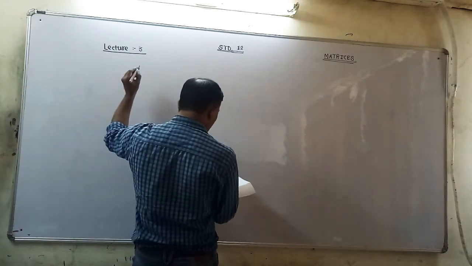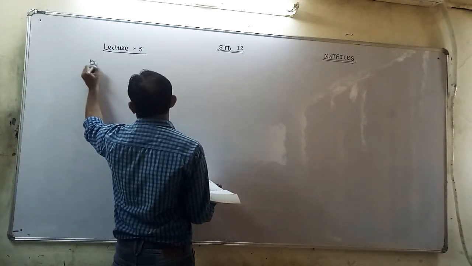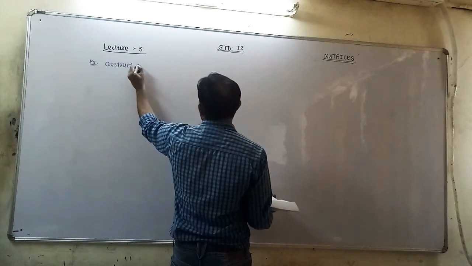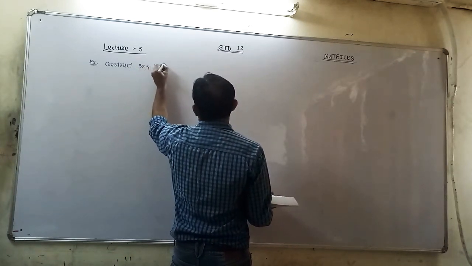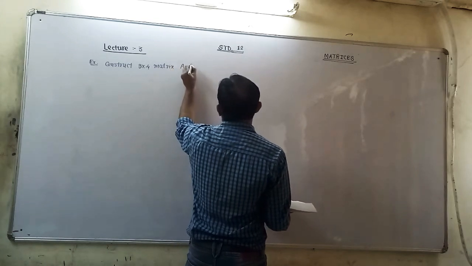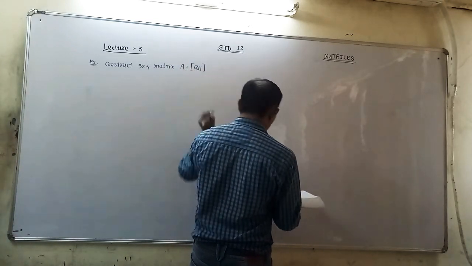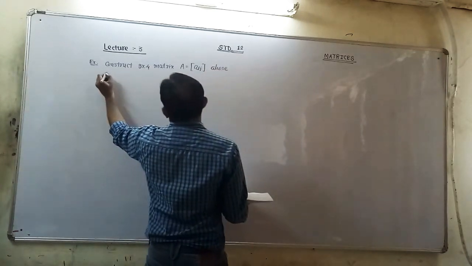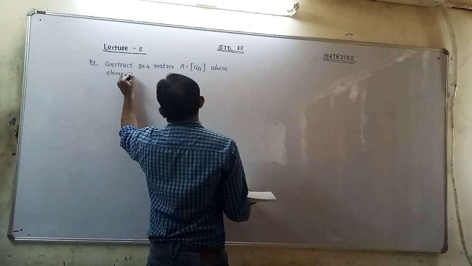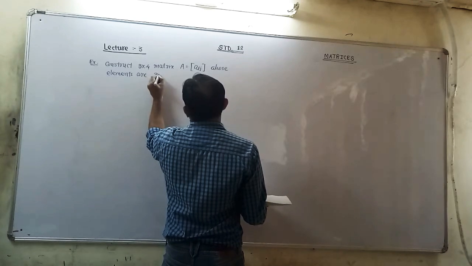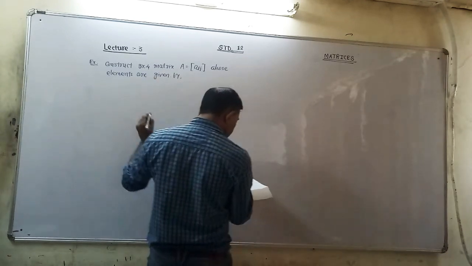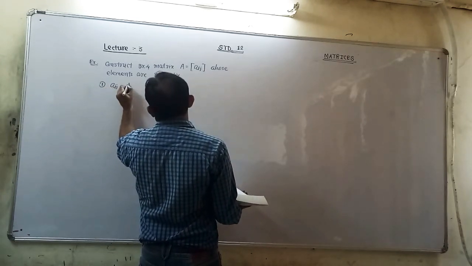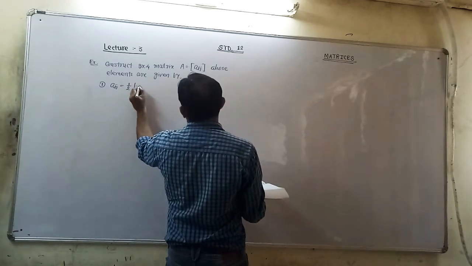Construct a 3 cross 4 matrix A equals to Aij, whose elements are given by: the first one is Aij equals to 1 by 2 into modulus of minus 3i plus j.